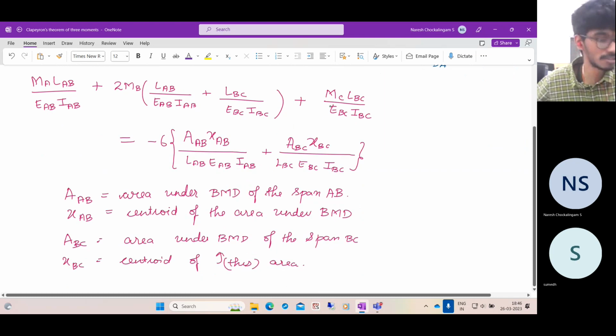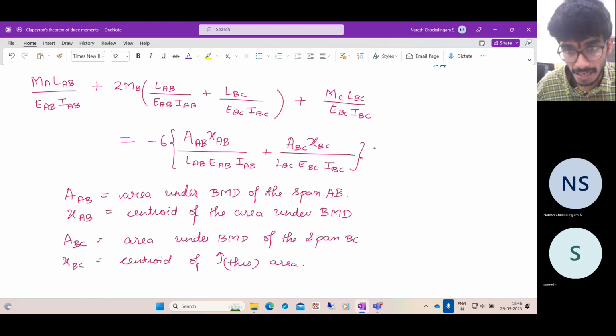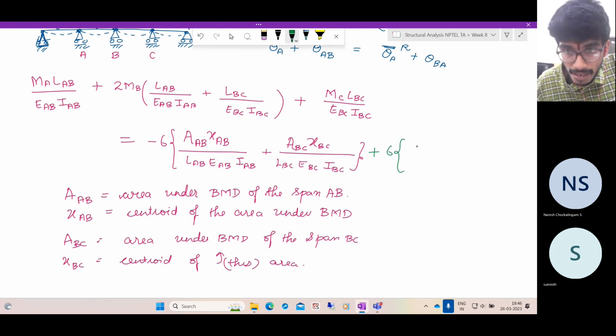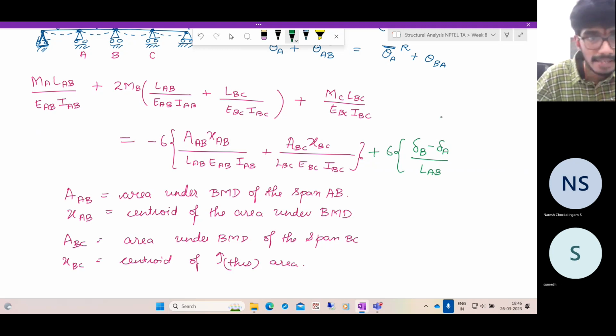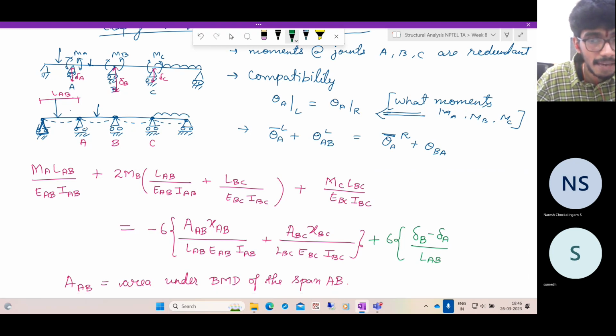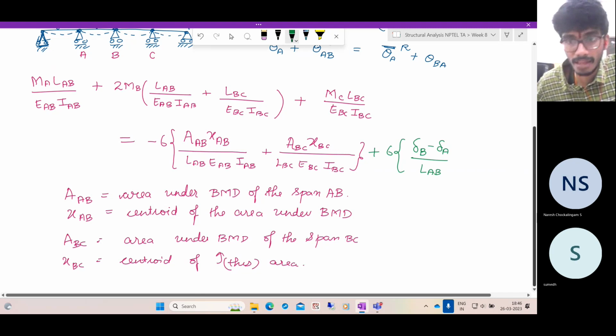That gets added as 6 times delta B minus delta A by LAB, plus delta B minus delta C by LBC. Delta B minus delta A is the relative displacement of B with respect to A, and divided by the length AB it is a rotation caused by support settlement.